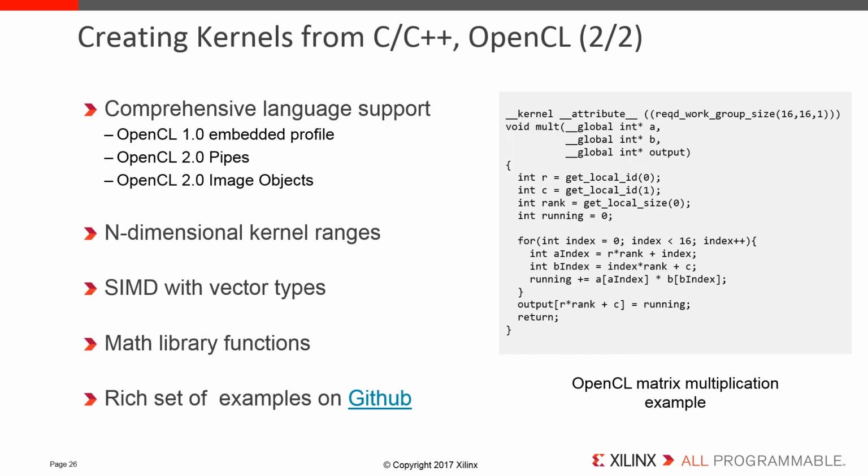Kernels can be expressed with n-dimensional ranges, and the very convenient vector types can be used for SIMD optimizations. The code on the right-hand side shows a simple OpenCL matrix multiplication example. More than 80 examples of synthesizable C, C++, and OpenCL can be found on the SDAccel GitHub repository. These examples are a great way of getting familiarized with writing good code for FPGA acceleration.